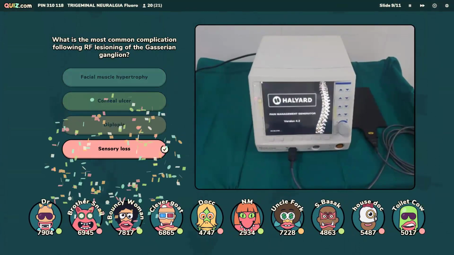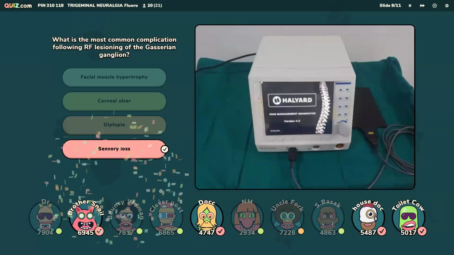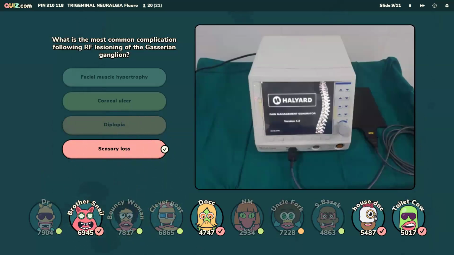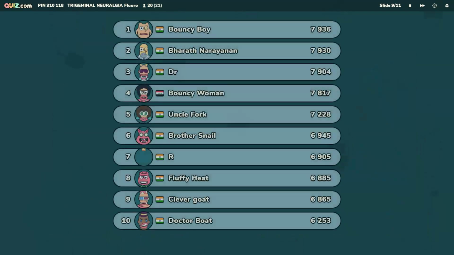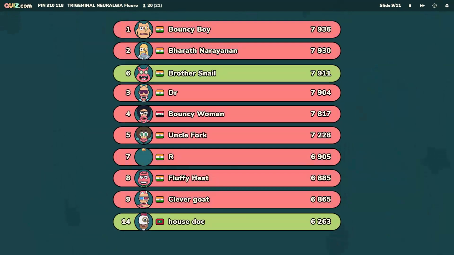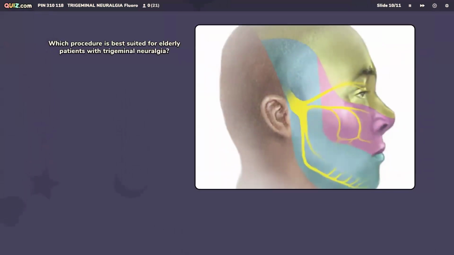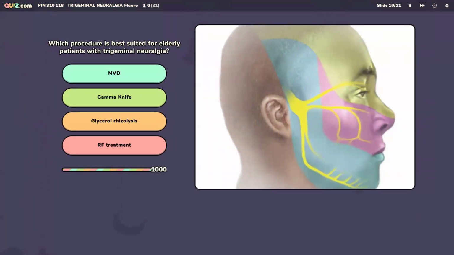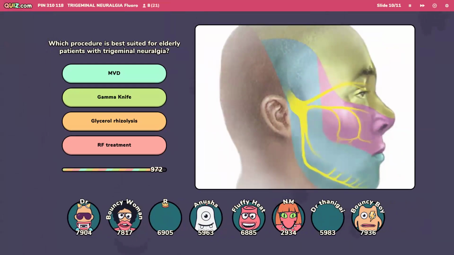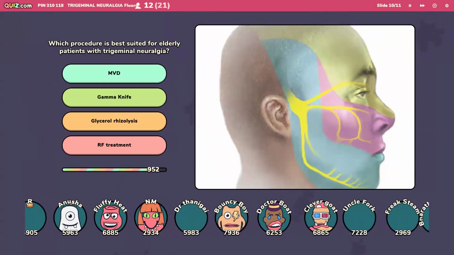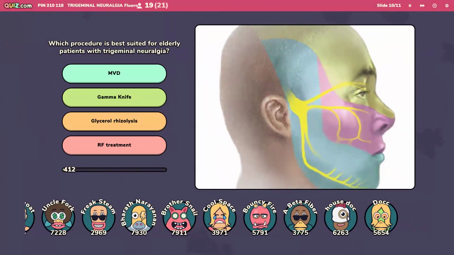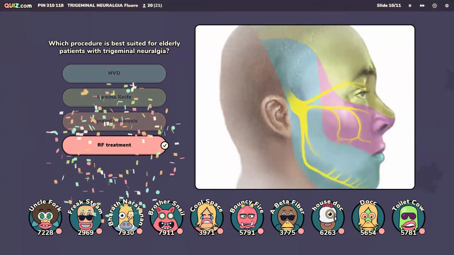Sensory loss. Which procedure is best suited for elderly patients with trigeminal neuralgia? RF treatment.